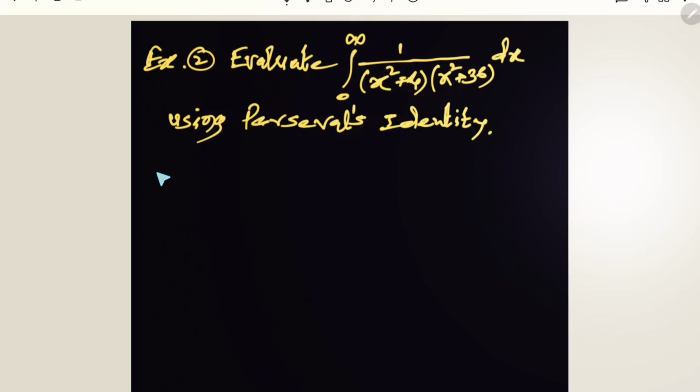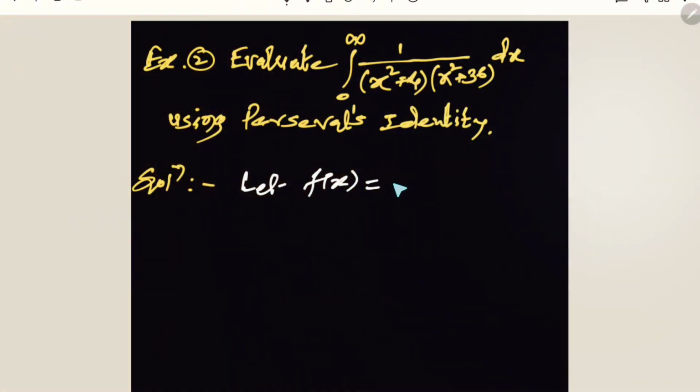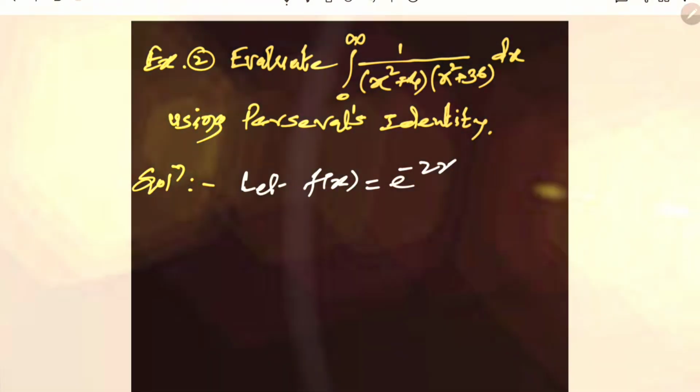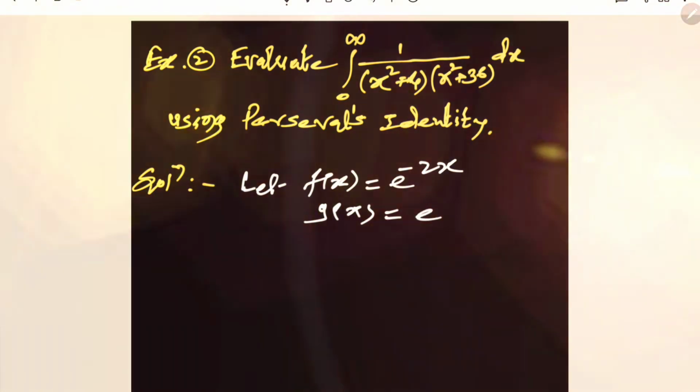To evaluate it by Parseval's identity, let f of x be e raised to minus 2x and g of x as e raised to minus 6x.